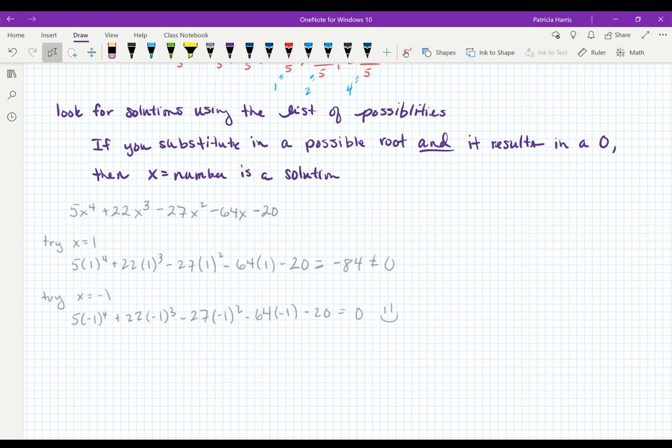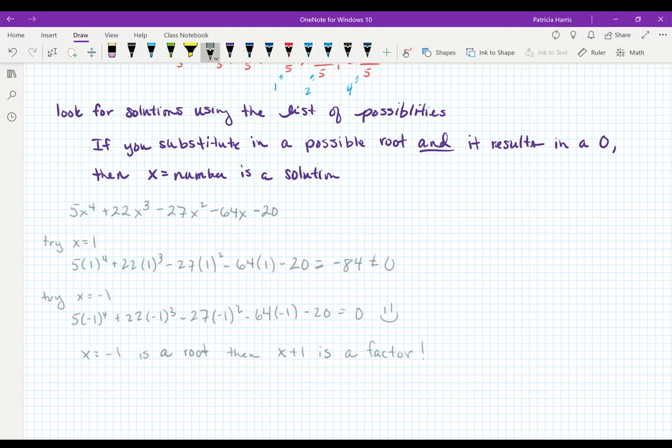So what that tells me is x equals negative 1 is a solution, or is a root. We would call that a critical point if we're solving the inequality. Now, if x equals negative 1 is a root, then x plus 1 is a factor.